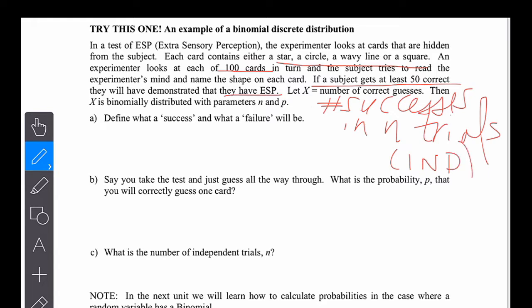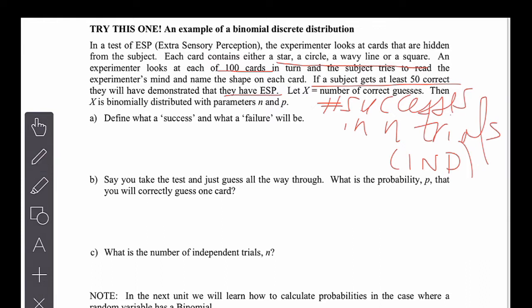If a variable is counting, it's a count variable, so it's discrete. It's counting the number of successes starting at 0, meaning no success, up to all successes being n successes.